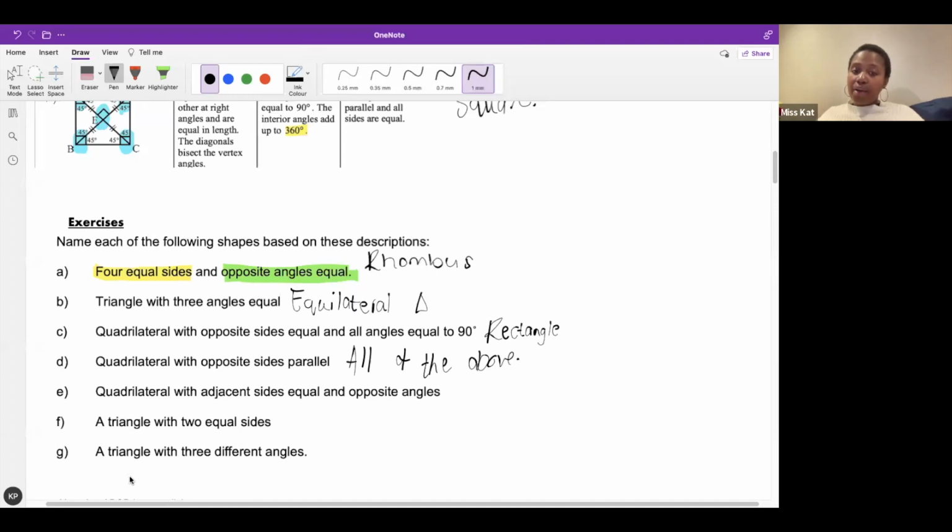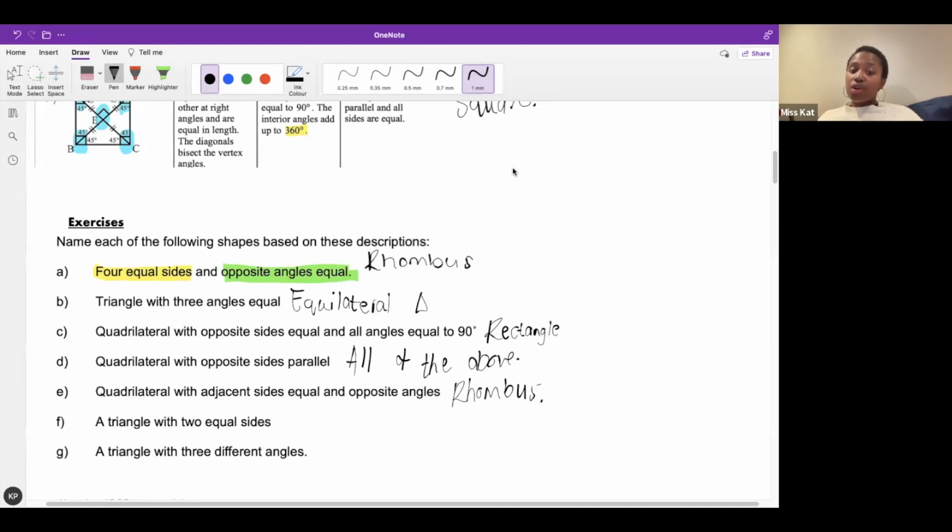Not all angles are equal, only the opposite ones. Yes, Sanele. It's a rhombus. Think about it, okay? The adjacent ones are equal in a rhombus and a square, right? But then the additional condition is the opposite angles have to be equal.